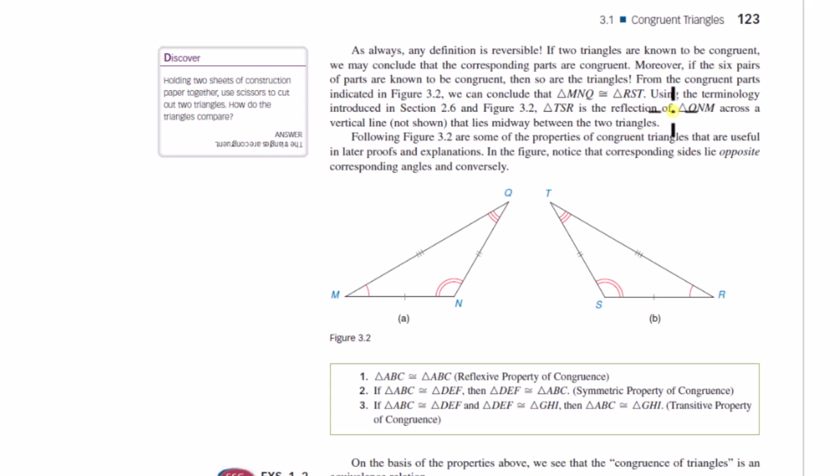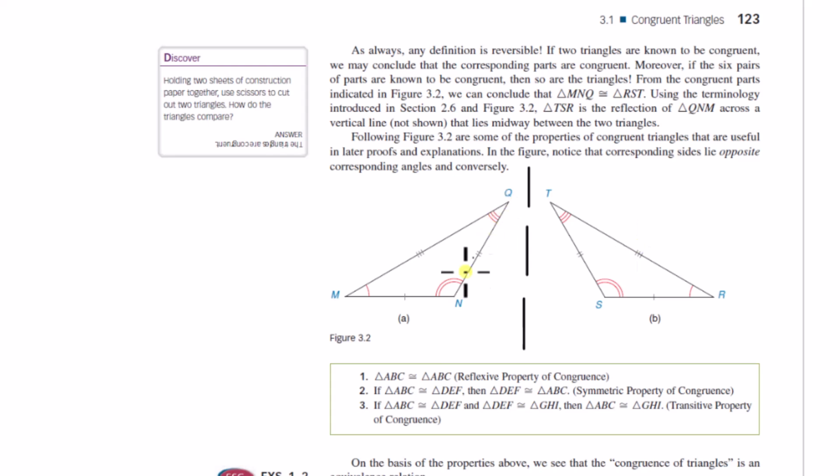Using the terminology from section 2.6, the previous chapter, they take triangle QNM and reflect it about this vertical line that they didn't show. Any of those 3 basic rigid body transformation types, translations, rotations, reflections, don't change the size or shape of the figure. So if the only thing done here was a reflection, we're going to have 2 congruent triangles.